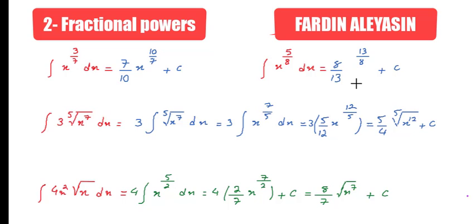And I have the inverse of my new power here as a coefficient according to the power rule. Don't forget your plus C in the final answer, because your integral is an indefinite integral.